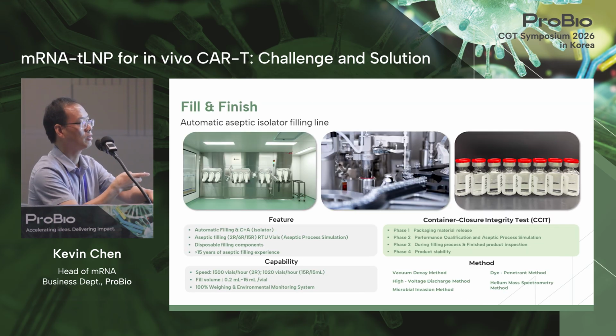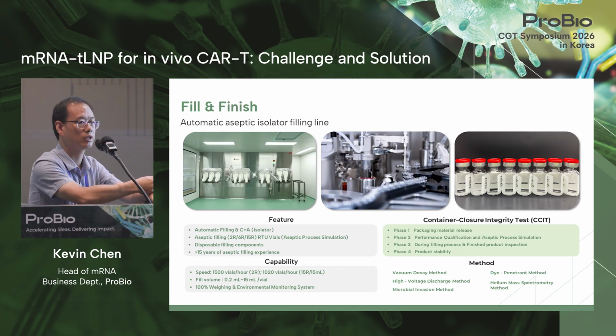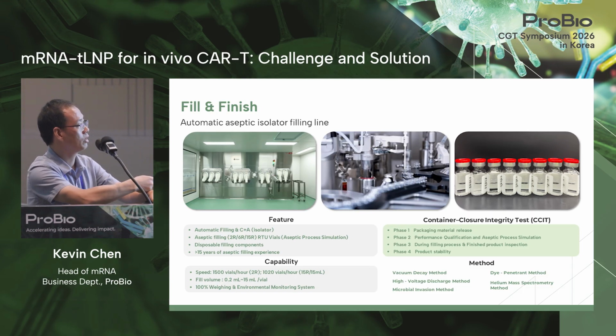Lastly, I want to introduce ProBio's fill and finish capabilities. We can do the filling in an automatic way. It will be done in a C+A, which is done in an isolator. And then we can do different types of filling, like 2R, 6R, and 15R vials.